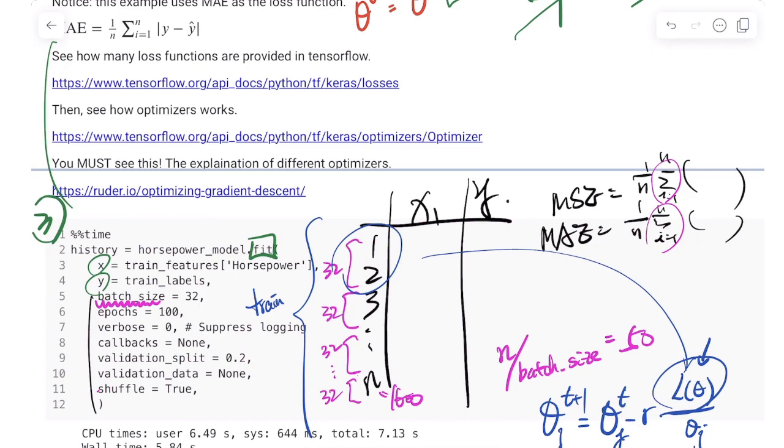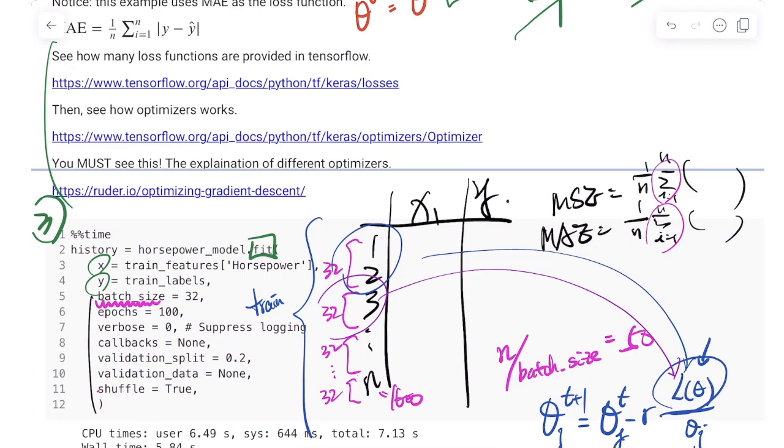After that, you use the second batch in your loss function, and then perform the next gradient descent, and so on. So you have 50 different batches, so you can perform 50 different gradient descents.